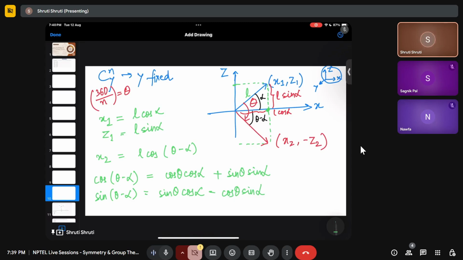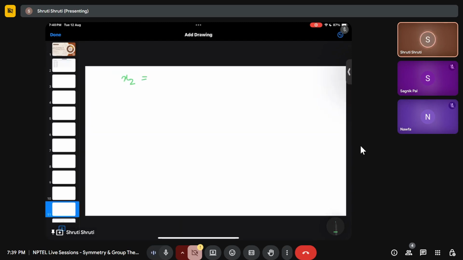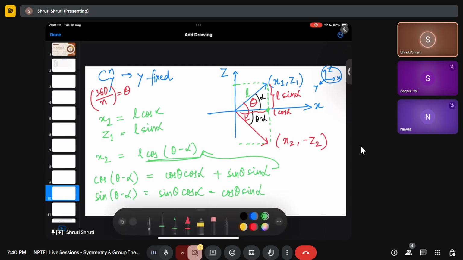So let us apply. Here we have cos theta minus alpha, so just replace this over here. So x2 will be L cos theta minus alpha. It will be L cos theta cos alpha plus L sin theta sin alpha. Now here we had L cos alpha was x1 and L sin alpha is z1.